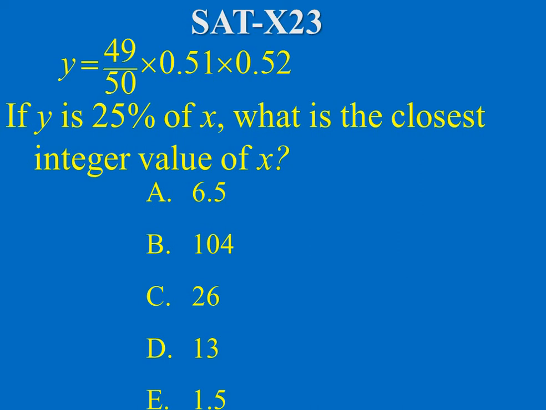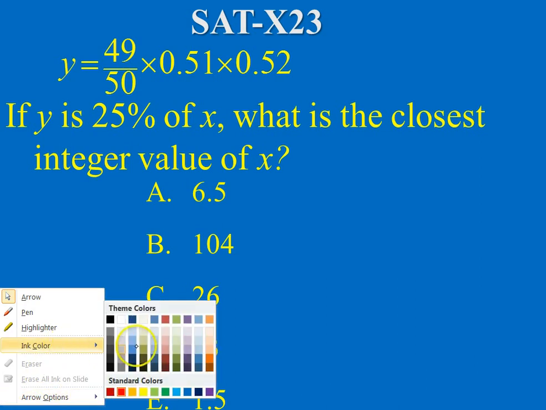We're given the product of three numbers there, and a lot of people will automatically grab their calculator. But I prefer to do this without a calculator, because you can do this through estimation. Let me set this up so I can write on it.